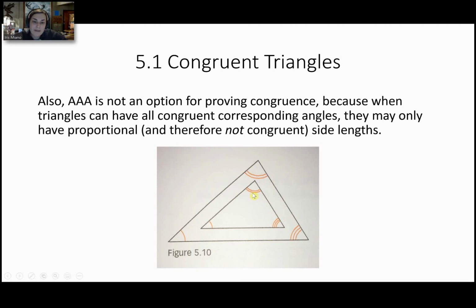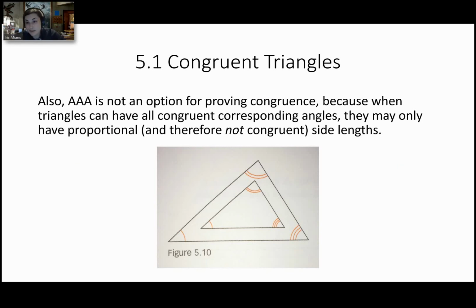But they do have corresponding congruent angles all the way around. That is valuable to us when we talk about triangle similarity. We'll find that there is a relationship between the corresponding side lengths, and that they're proportional to one another, as you can see here. So yes, it's not a 3-letter code for congruency.